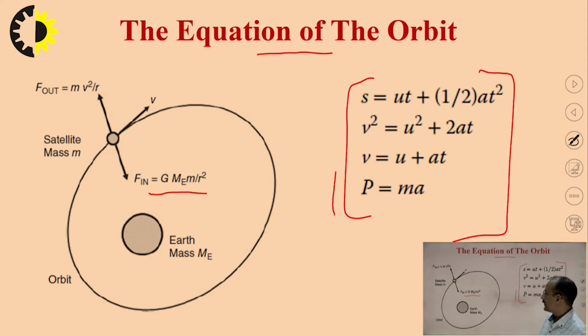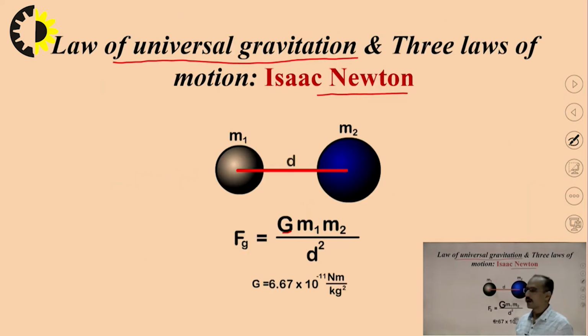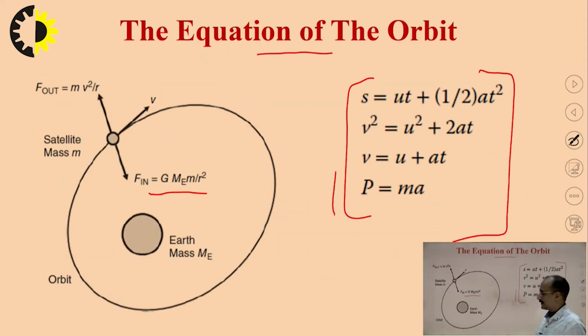You can easily understand this: this is Earth, and Earth's mass is Me. This is the satellite, whose mass is small m. As per the formula of the law of universal gravitation, if the distance between these two points is r, then G Me m upon r square is the value of F in. Similarly, we have F out.